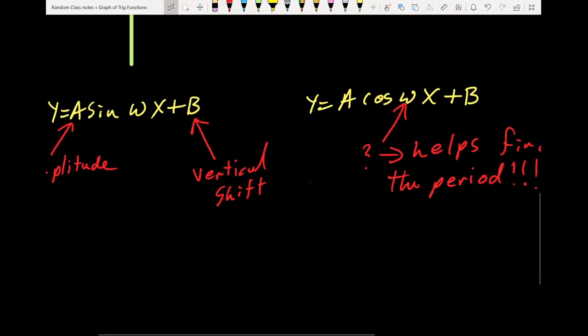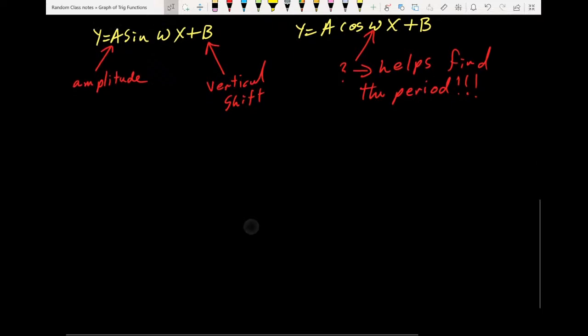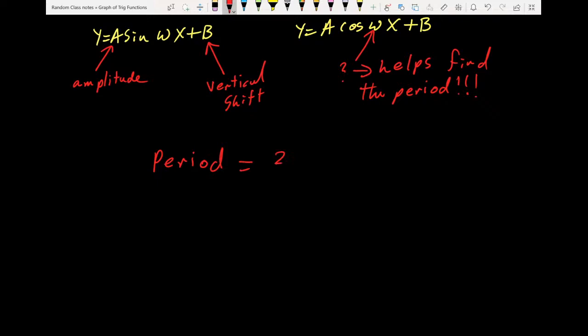So for this type of function, what's the period? Period is 2 pi over omega. That's for sine and cosine functions.